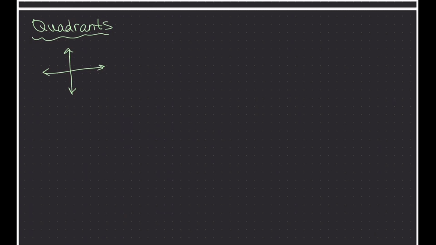The upper right quadrant is known as quadrant 1. If you go to the left, that's quadrant 2. Bottom left is 3, and bottom right is 4.